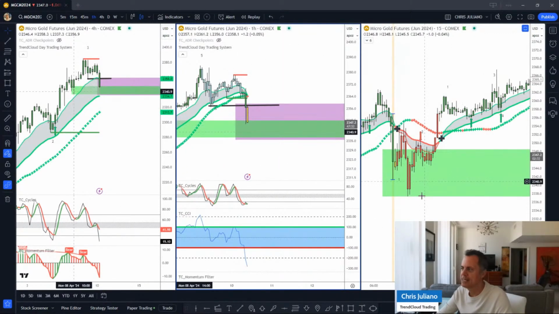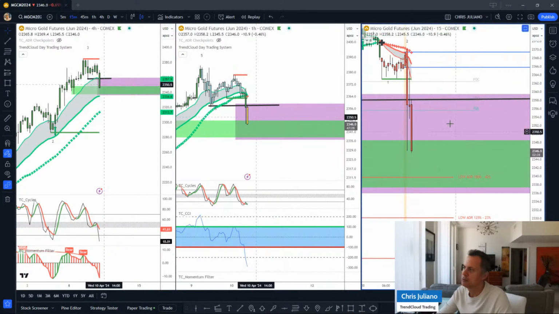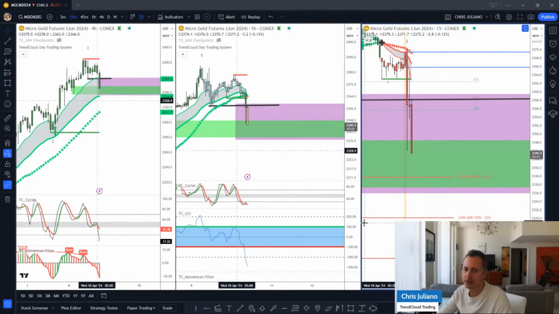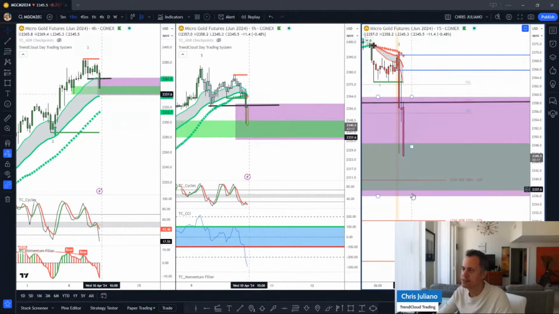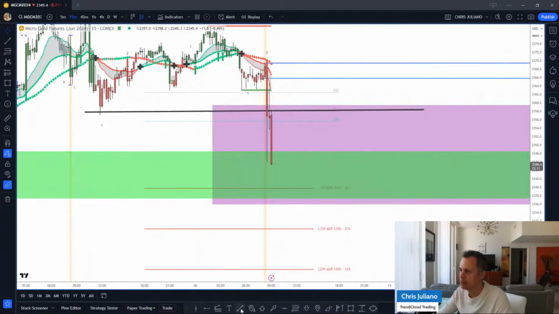So why are we not taking this demand zone? Well, take a look. A tremendous amount of momentum going into this demand zone. We need to wait for something like this.